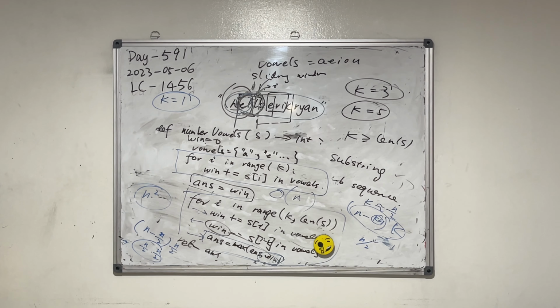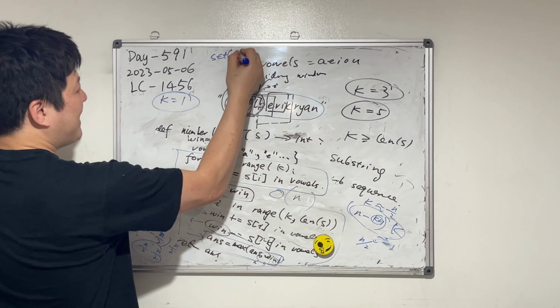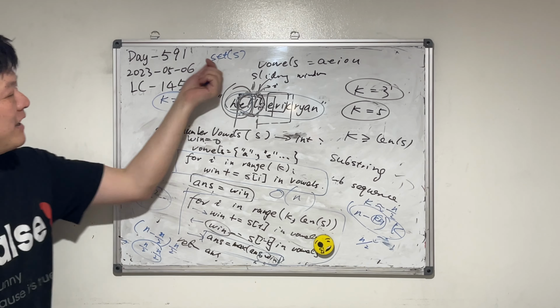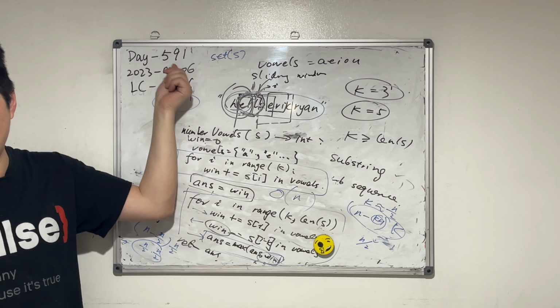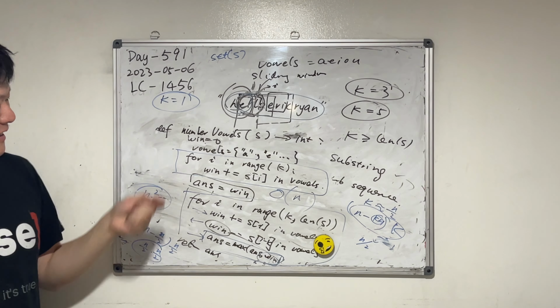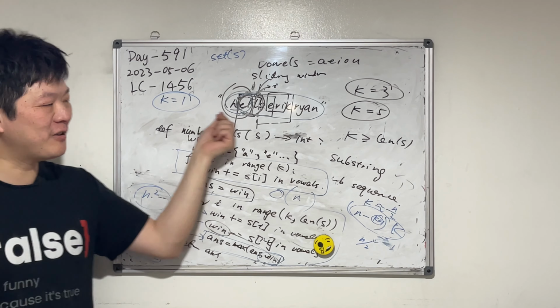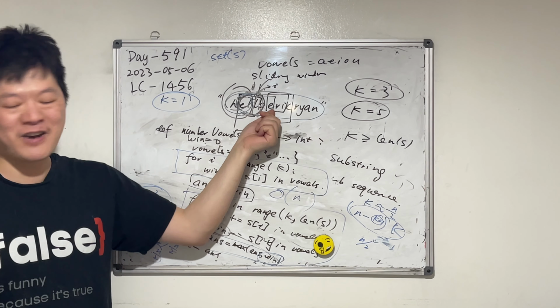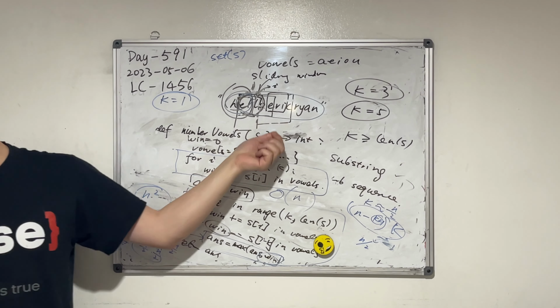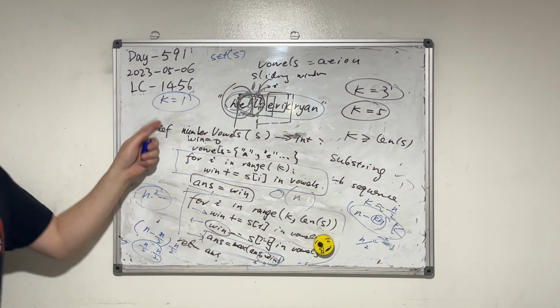If there isn't a vowel, then it will be 0. Well done. If K is 1, then we can just set S and check if a character is in the set A, E, I, O, U. So actually we can just go through the array, and if we find a vowel, we return 1, otherwise return 0. Make sense? Okay, K is 1 is done.